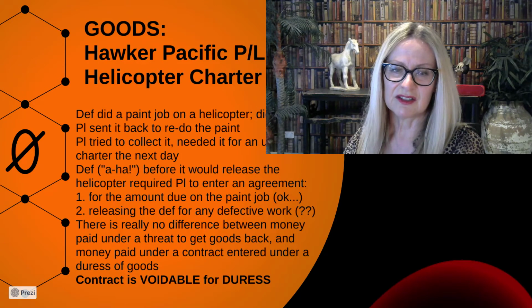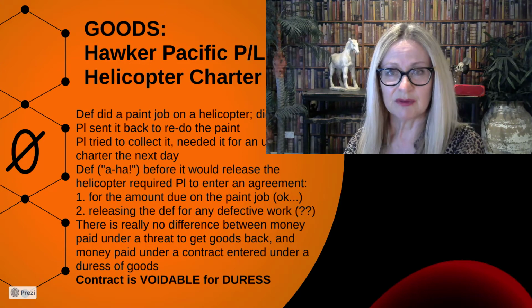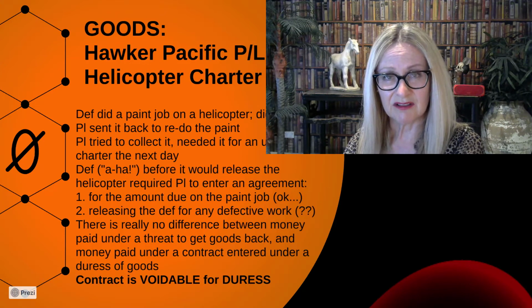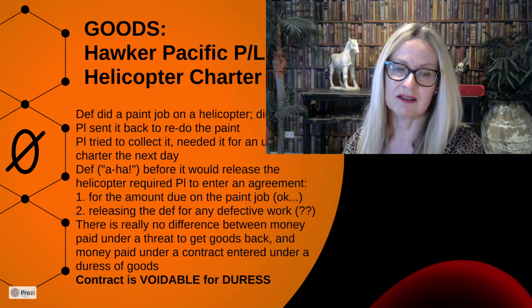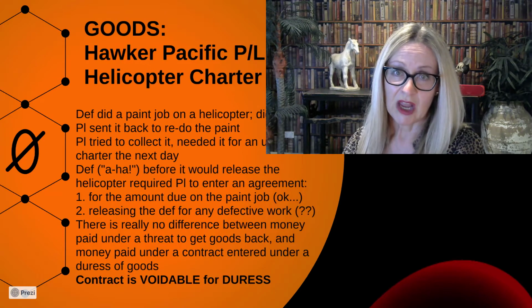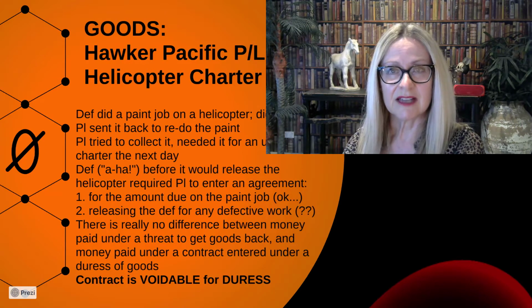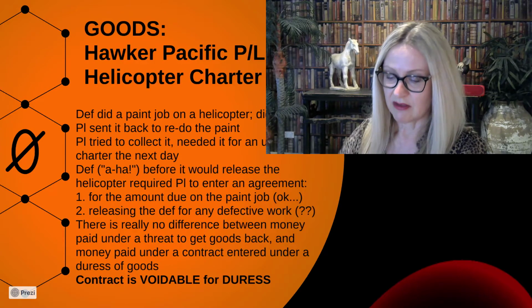And so you guessed it, Duress of Goods was successful in that scenario, and the contract was voidable. So that's Hawker Pacific and Helicopter Charter, and that's Duress of Goods.